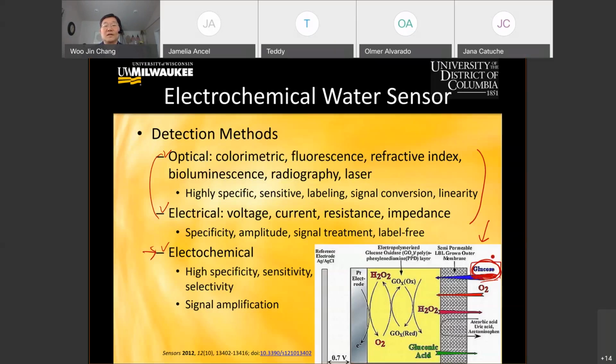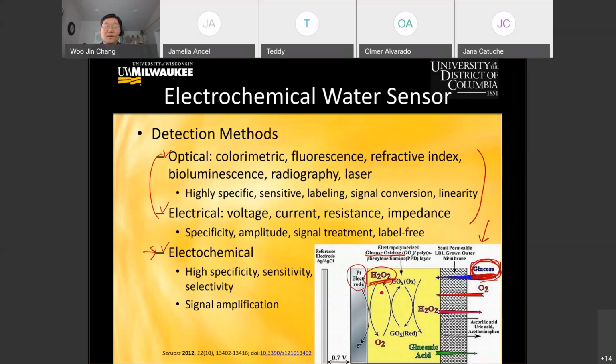We are detecting hydrogen peroxide, not the glucose. Basically, we use the enzyme named glucose oxidase, and this can oxidize the glucose and then generate the hydrogen peroxide. And then at the surface of the electrode, this hydrogen peroxide is reduced.